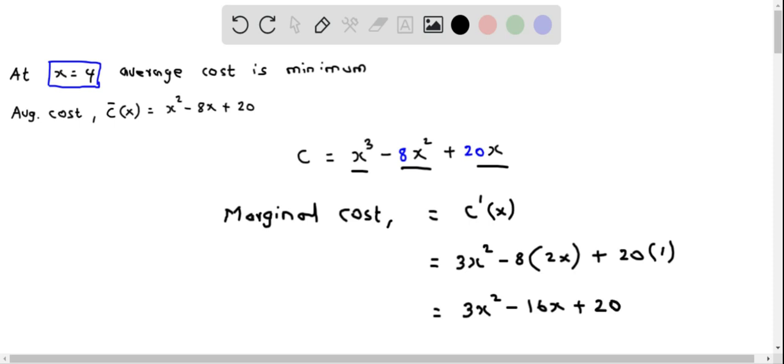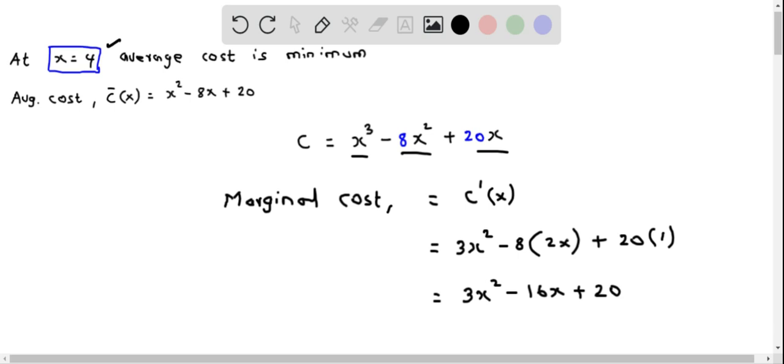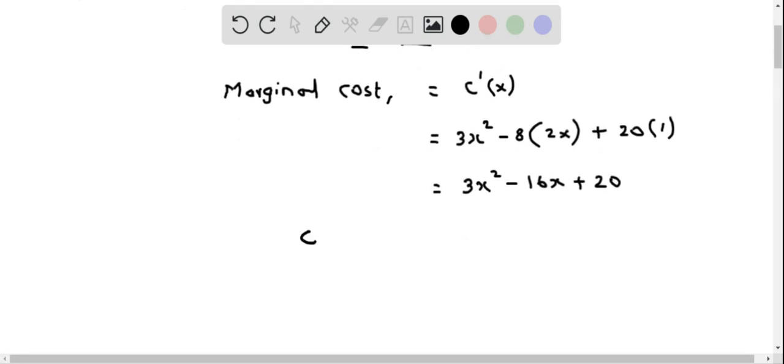Now we should find the marginal cost at the production level x equal to 4. So let's find the C prime of x, that is replace x by 4. This one is the marginal cost at production level x equal to 4. So replacing x by 4, we get 3 times 4 squared minus 16 times 4 plus 20.